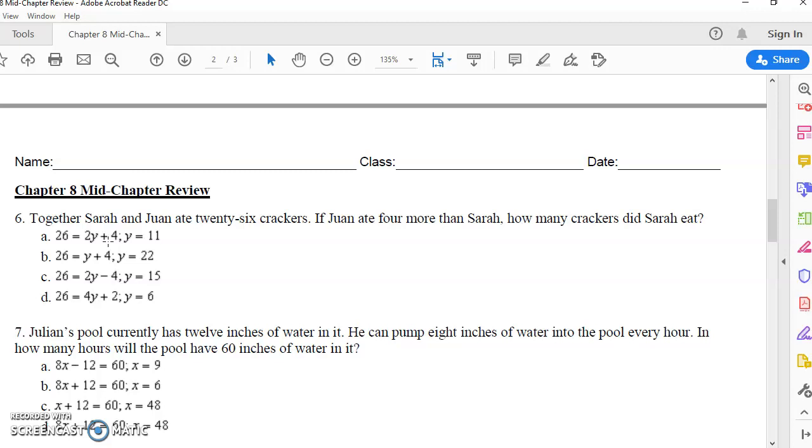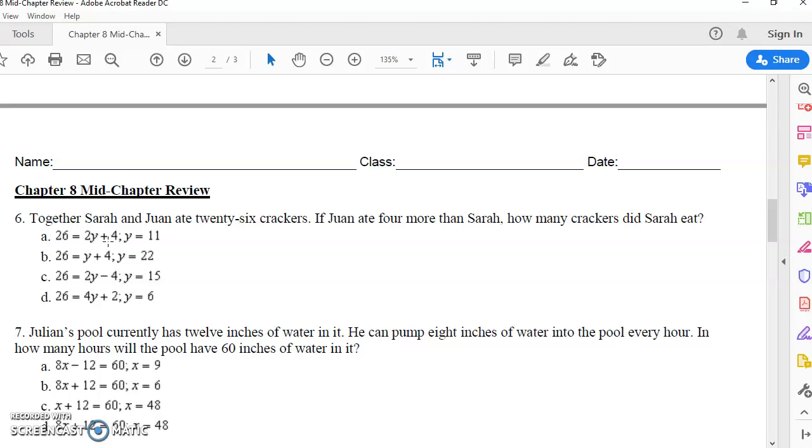Now, let's talk about some of the key words in this word problem. "More than" is a phrase that you learned back in chapter 7 dealing with expressions. More than represents addition, so that means we're going to have an addition problem with multiplication.